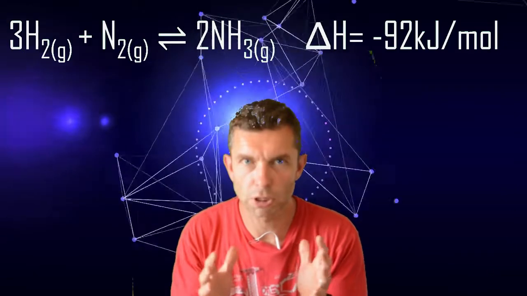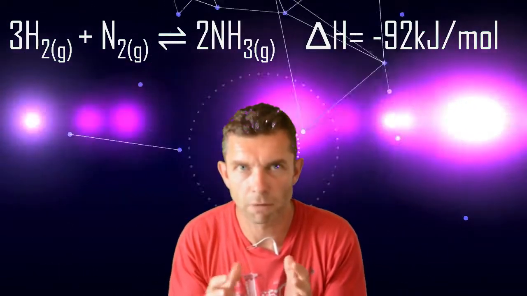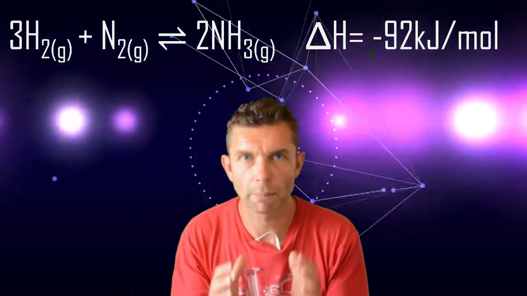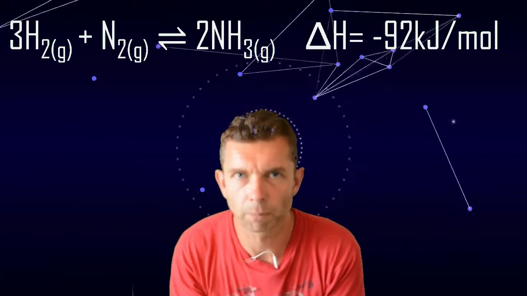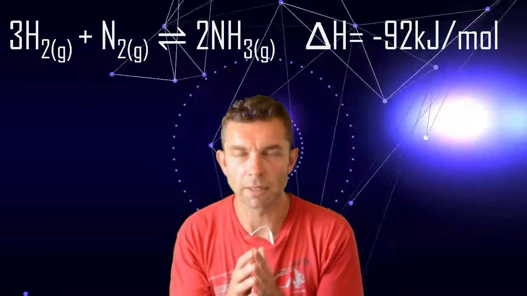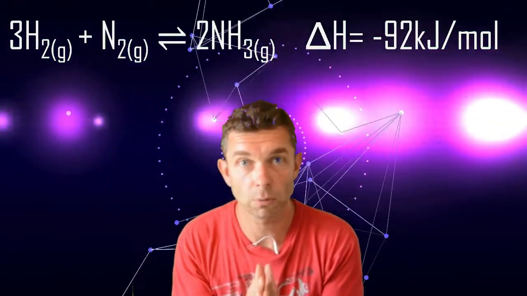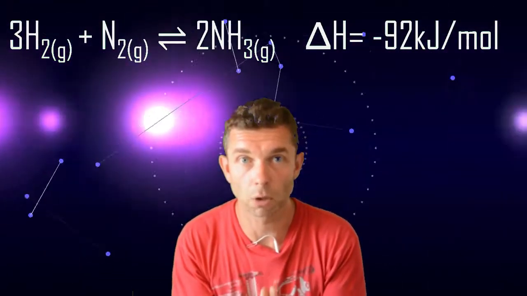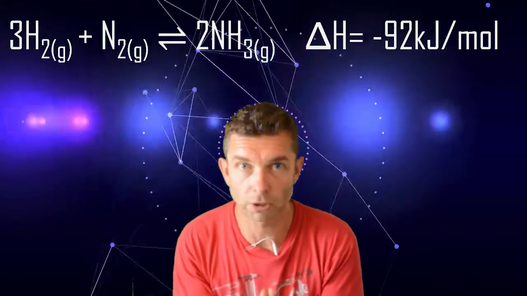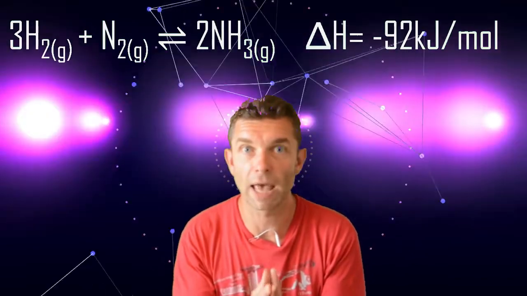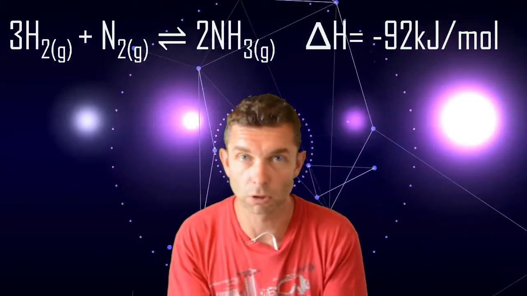So if we increase the pressure, we're squashing more particles in the same volume. What's going to happen to the equilibrium? What does Le Chatelier's principle say? It tells me that the position of an equilibrium is going to shift to oppose the change. My change is more pressure. It wants less pressure. It wants fewer collisions on any surface. So what is it going to do?